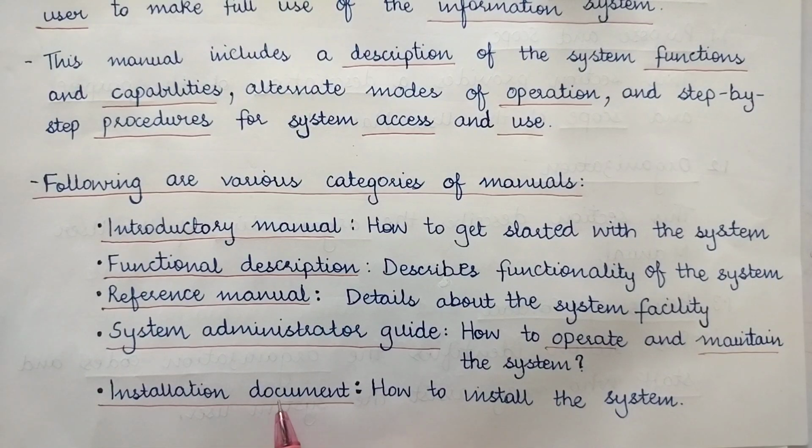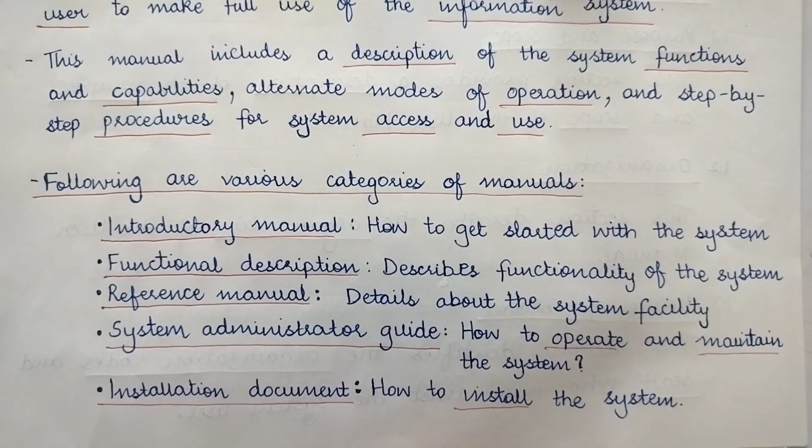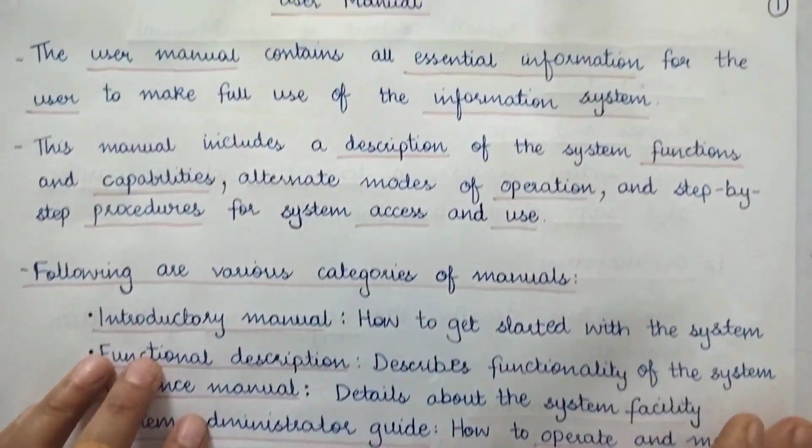Now this particular document tells you how you would install the system. To begin using the system, you need to first install that system. So the installation document serves this purpose, that is it tells you how to install that system at your site.